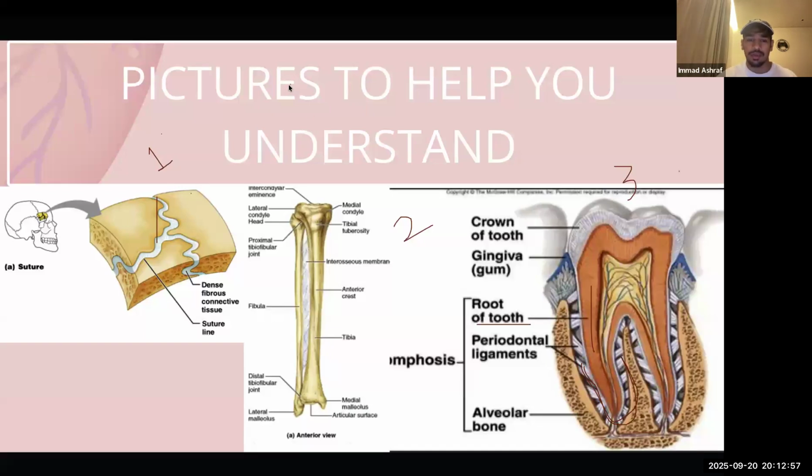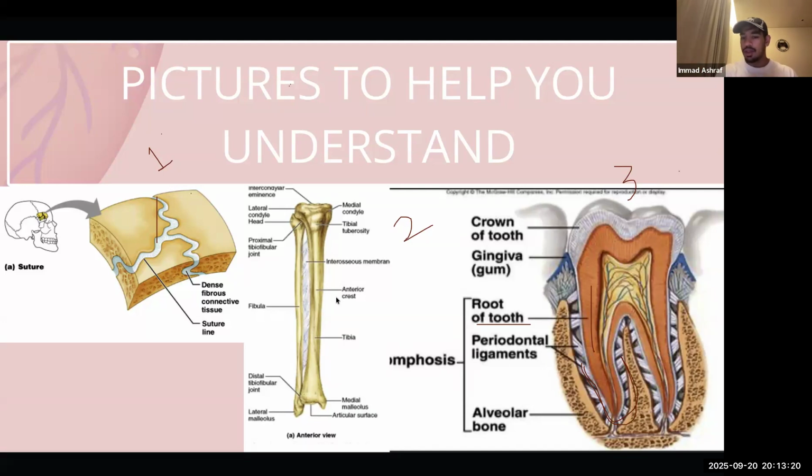Perfect. The last one, okay. So the gomphosis is a really funny name. I wonder who came up with it. But basically, the root of your tooth enters the jaw. It's fixed to the jaw. So when the tooth and the alveolar process connect, this is called a gomphosis.